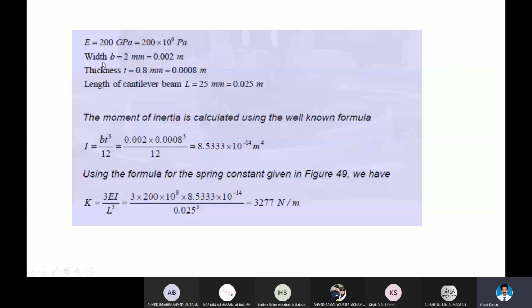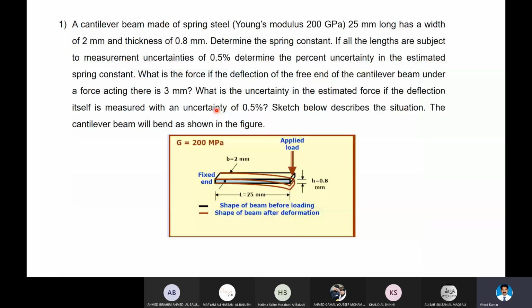Now here, what are the values we have? We have modulus of elasticity 200 gigapascal. I converted 200 gigapascal into Pascal by multiplying by 10 to the power 9. Now in the question, width is given as 2 millimeter.